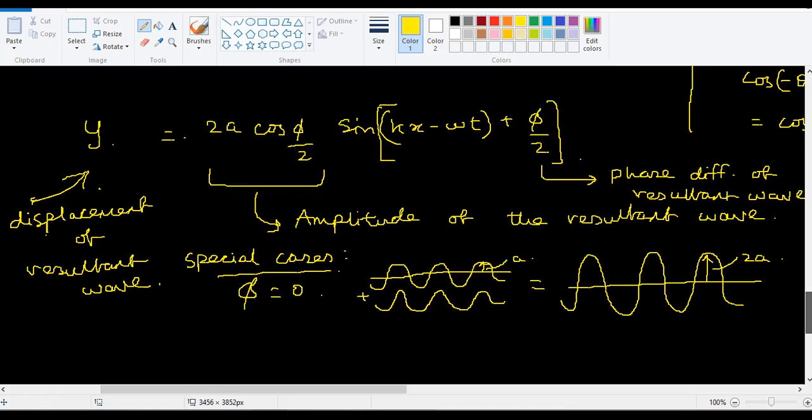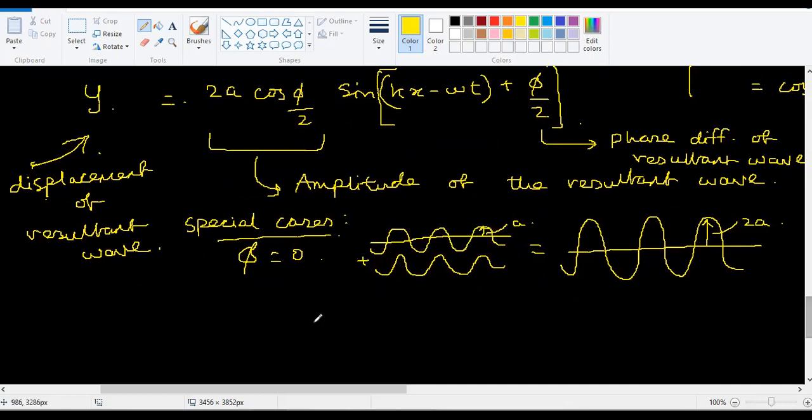Even if phi is equal to 180 degrees, it will be 2a sine(kx minus omega t). Say that again. So 180 by 2, what will happen? Cos 90. Cos 90 is 0. Which means if you have one wave like this and another wave like this, this particle is trying to go up and this wave is trying to push it downwards.